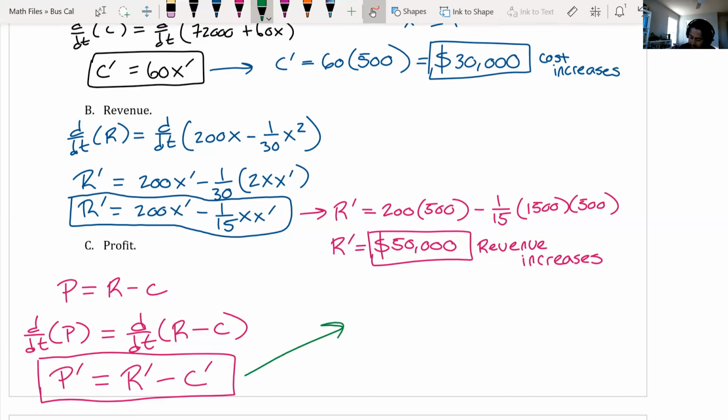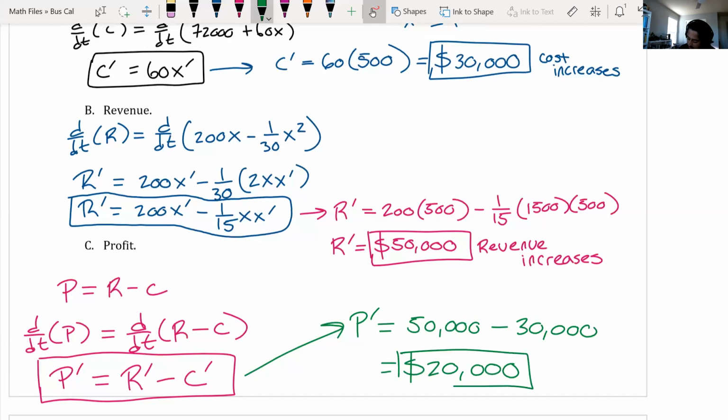So P prime equals R prime, which was 50,000, minus C prime, which is 30,000, which means we'll get a profit that increases by $20,000 per week. So what we're saying is that if we create 500 calculators per week, our profit is going to increase.